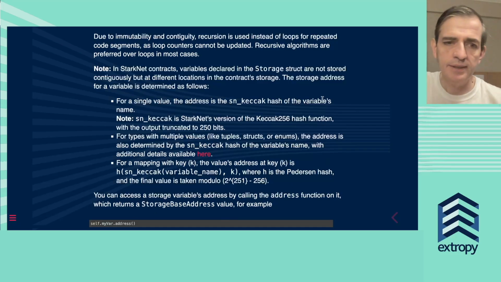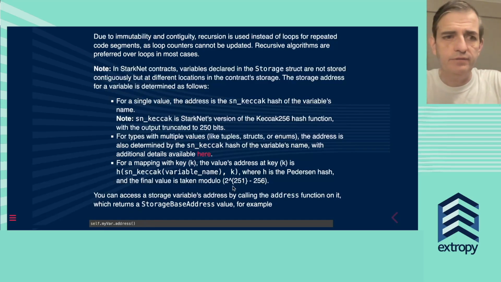And if you want to get the address of a particular value in storage, then we have a function that you can call, the address function, as you can see here. So if we have the myvar variable in storage, then we can get its address by calling that function.